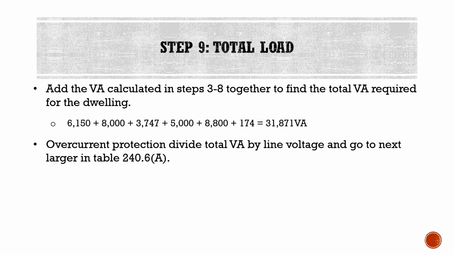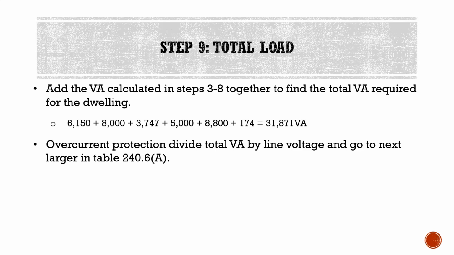Now, I see a lot of people get confused here as well because we do have the general rule we learned in motor calculations and back when we studied Article 240 that branch circuits go up to the next higher size overcurrent protective device and feeder circuits go down to the next smaller size.